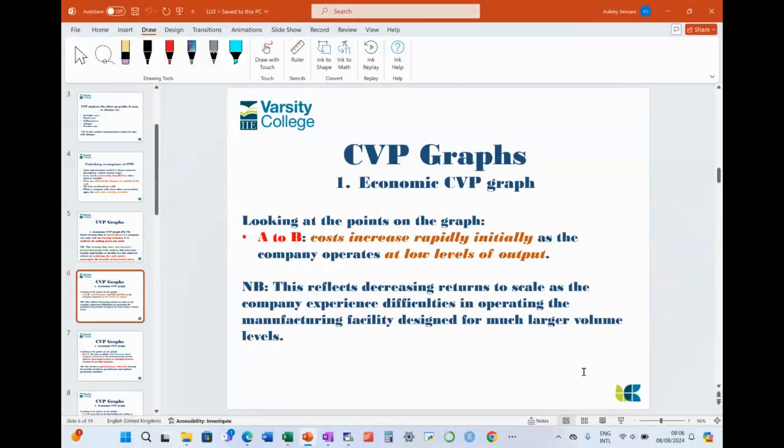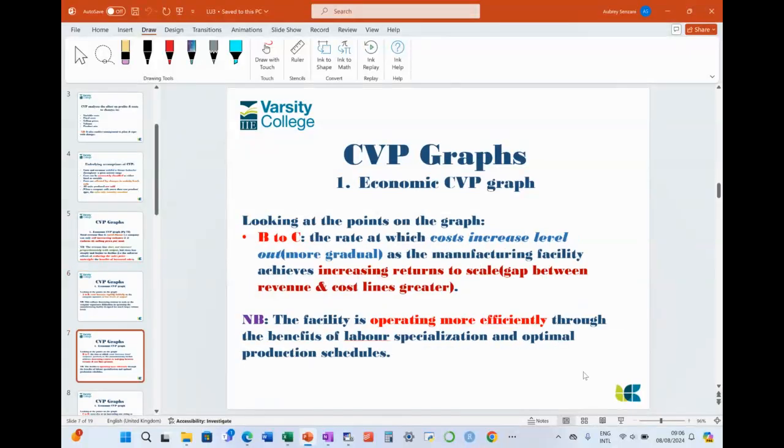From A to B, we go then to B and C. B to C, you can see now your revenue is starting to be more than your costs. Okay, and the greater the gap between the lines, the higher your profits. Because obviously we know our profit is revenue minus your costs.